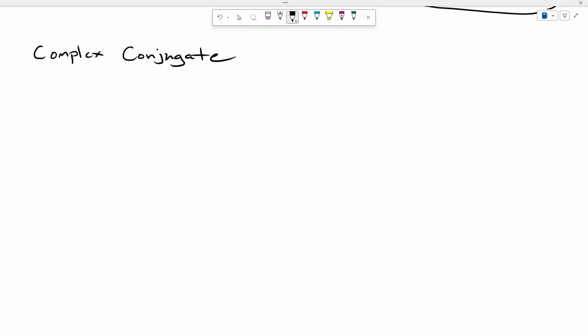All right, the complex conjugate, that's going to be key for us. And for a standard complex number, I should say, a plus bi, in that standard form, the complex conjugate of that is a minus bi.